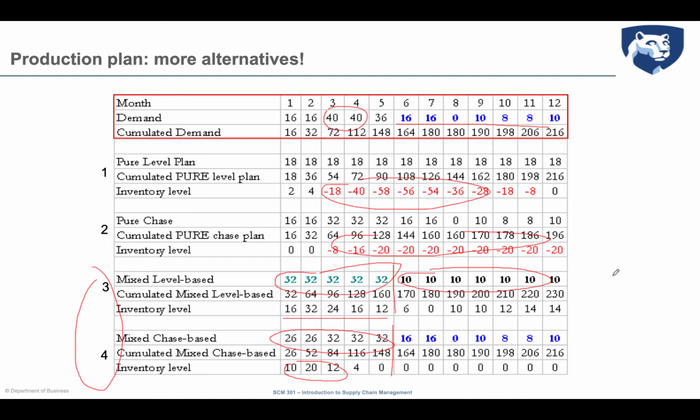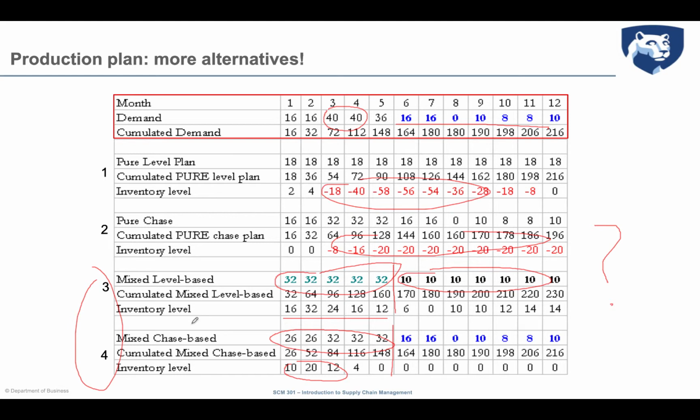The problem now instead, okay, now you have two alternative plans, one more mixed level, one more mixed chase. Which one do you select? And we discussed that we cannot answer this question without doing an economic evaluation of the two plans. So a mixed level plan or a mixed chase based or all the production plans have different costs associated to them.